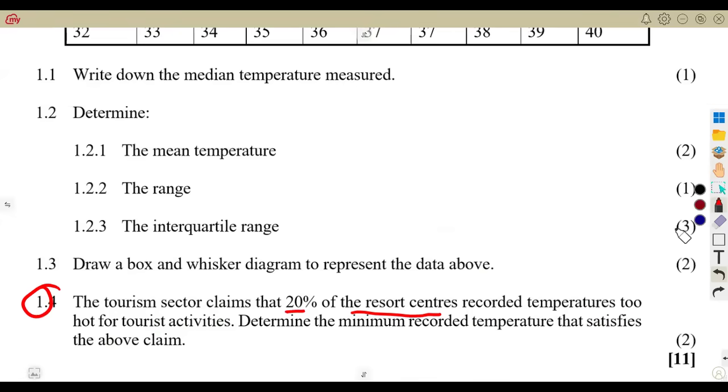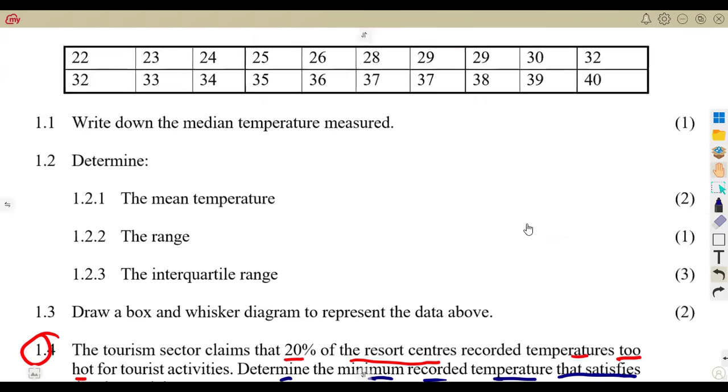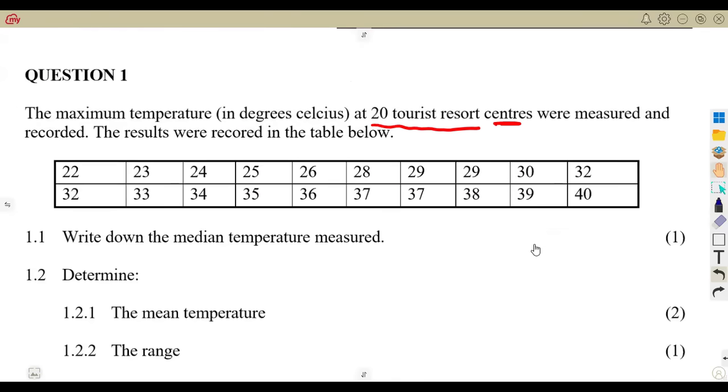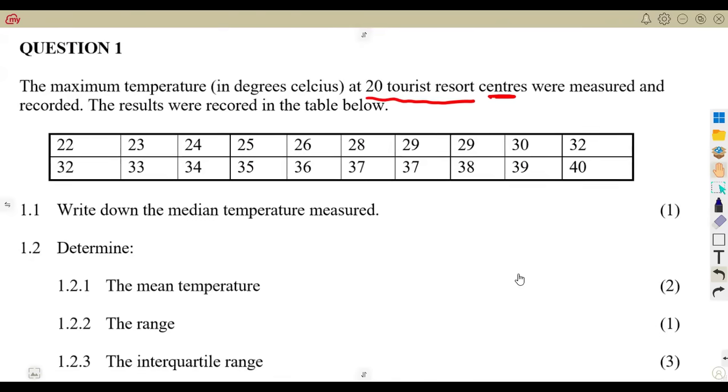20% of them recorded temperatures too hot for tourist activities. Then determine the minimum recorded temperature that satisfies the above claim. They are saying these temperatures are too hot. So which one can be the required from the 20% that we are given?